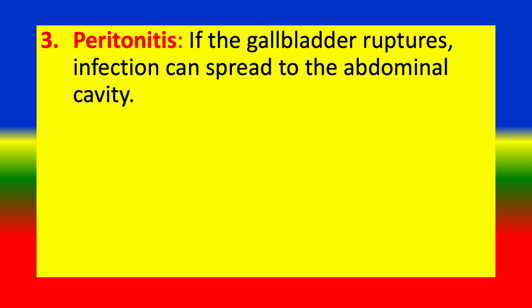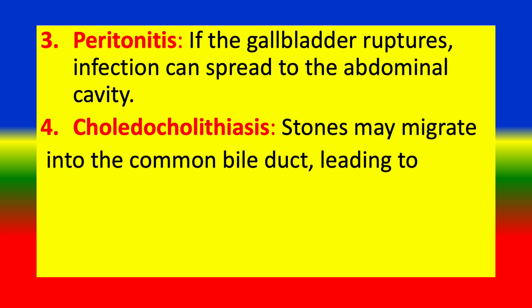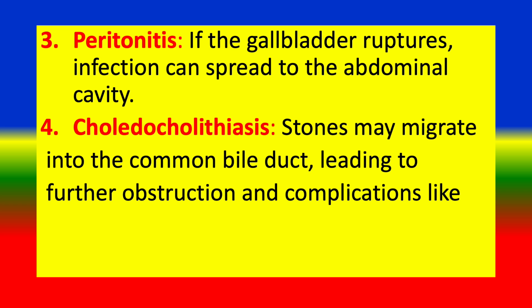Peritonitis. If the gallbladder ruptures, infection can spread to the abdominal cavity. 4. Choledocholithiasis. Stones may migrate into the common bile duct, leading to further obstruction and complications like jaundice.